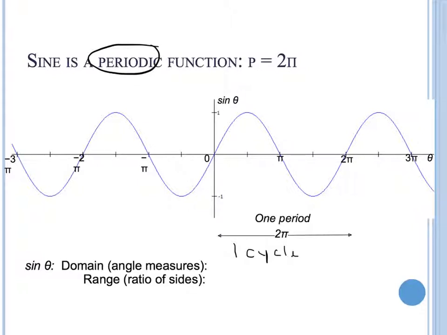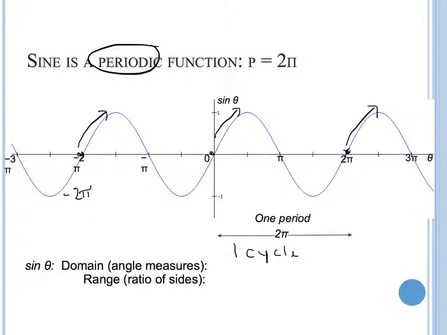It continues, and it makes the same shape repeatedly. So the graph starts all over again here, making the exact same shape that it did right here. And back here, I think this is -2 pi. So at negative pi, we have the exact same start of the graph that we did at 0, and this lovely wave just goes on and on and on.